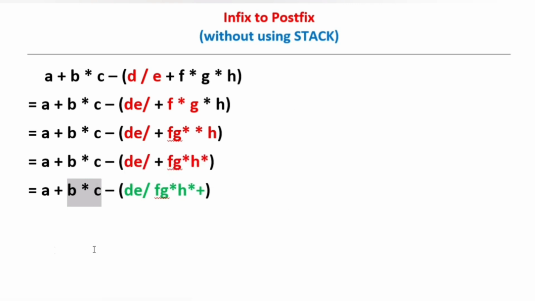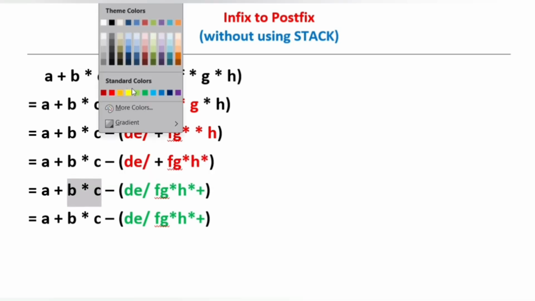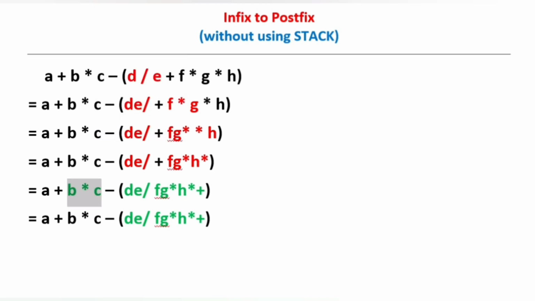So this part will execute first. I'm copying them all once and putting them here, and selecting this part, because this will execute at this moment. I'm making it green.